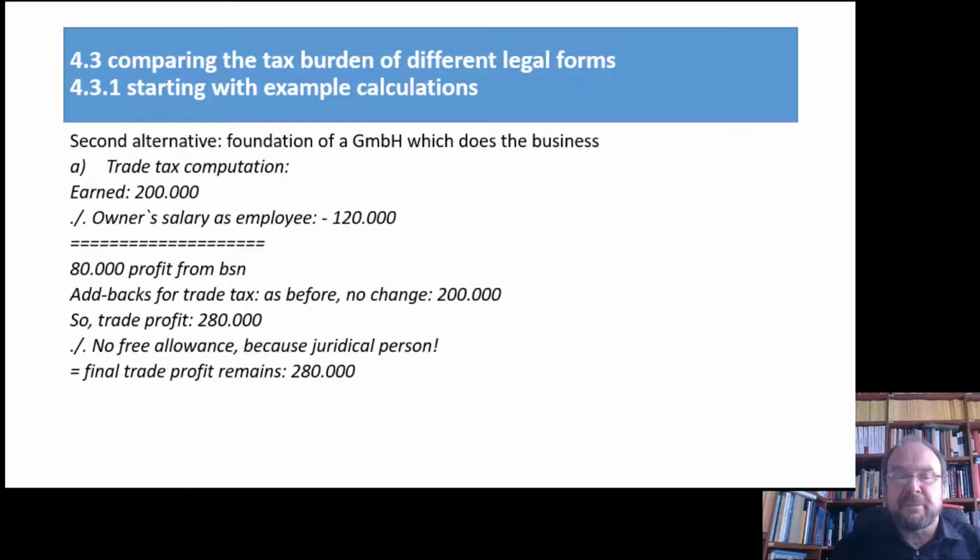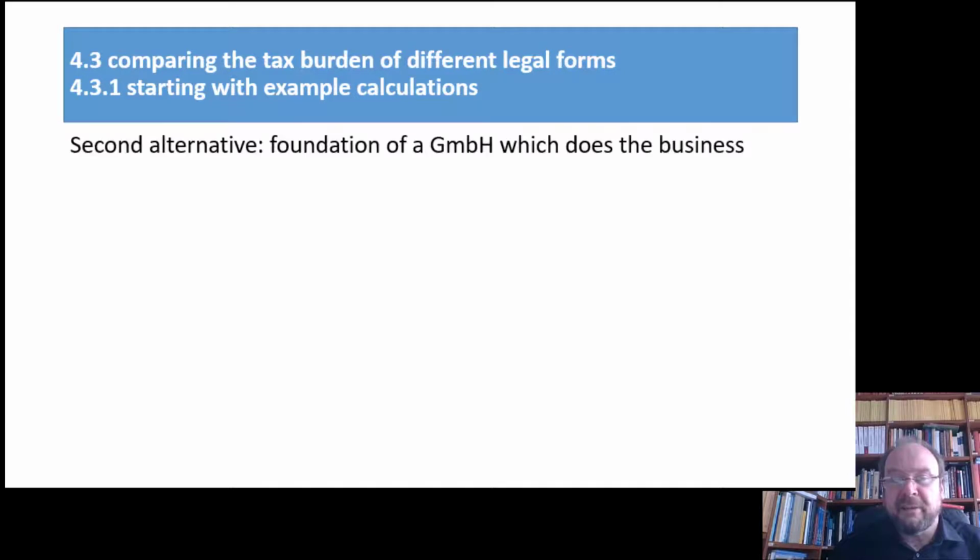So final trade profit remaining is 280,000 times 3.5% is 9,800, times 470%, 46,060. If we now add it up, then we have the corporation tax, which is 12,000, 15% on the 80,000.